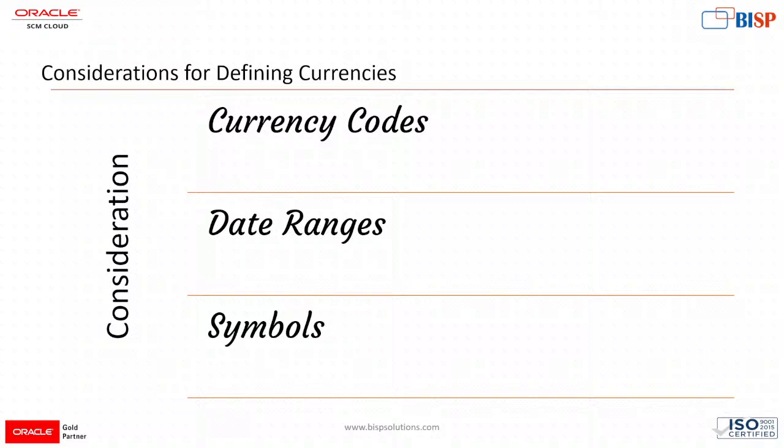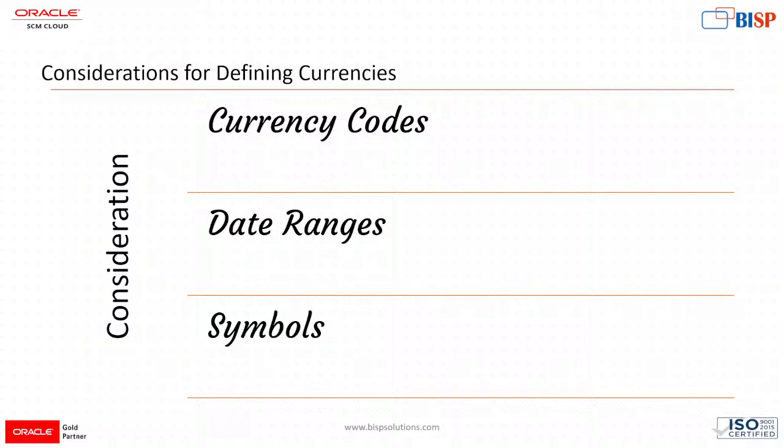Finally, certain applications have a capability to display the currency symbol alongside the amount. You have an option to input the symbol associated with the currency to ensure accurate display for the user. Now let's move to the application to enable the currency.